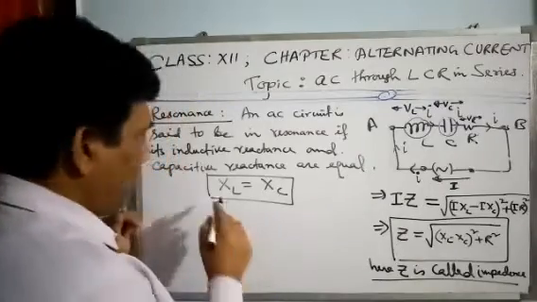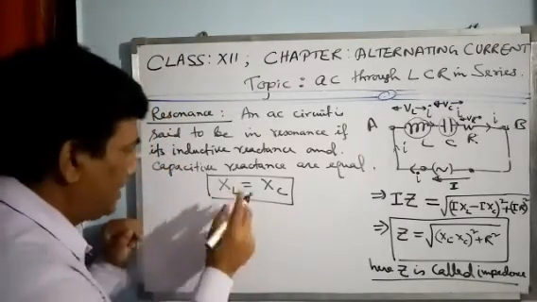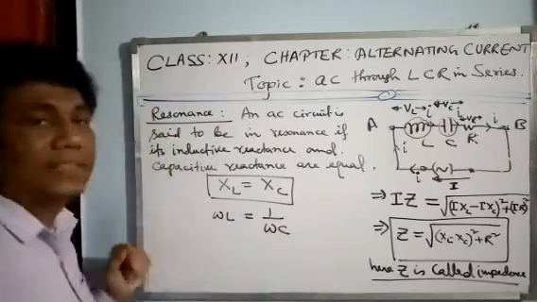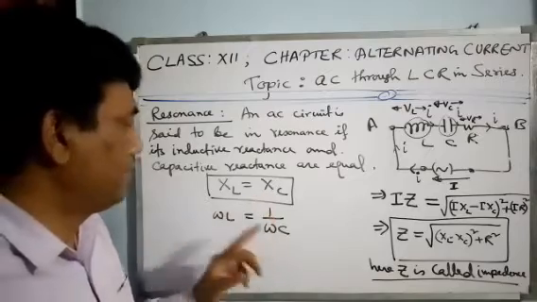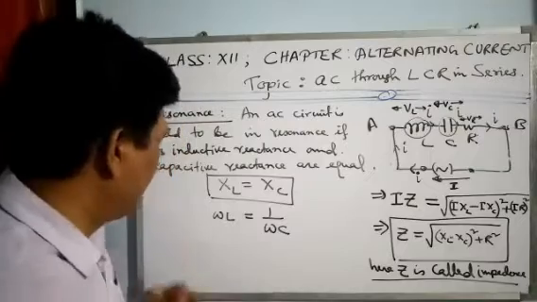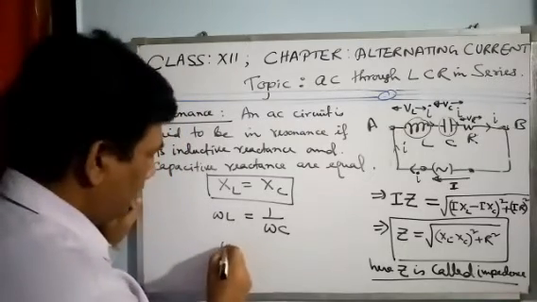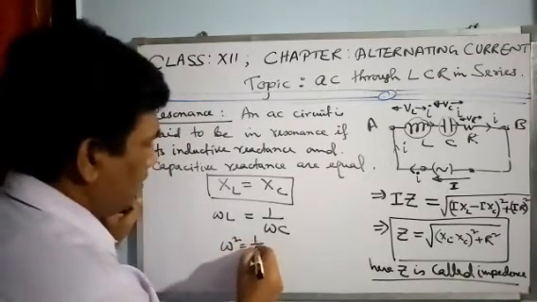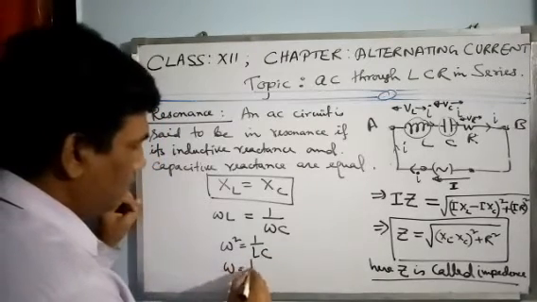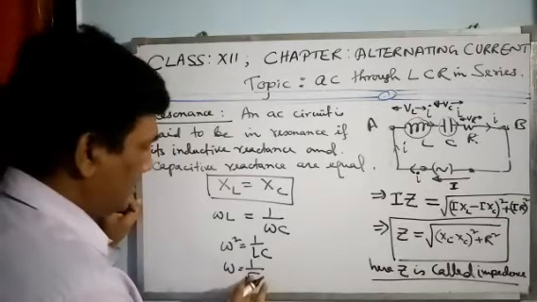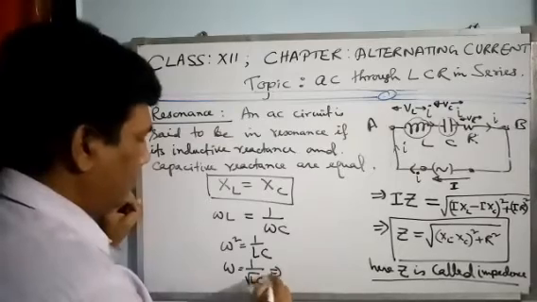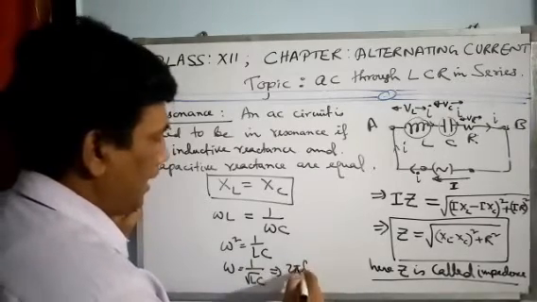So if resonance, then XL equals XC, and we understand that XL equals omega L and XC equals 1 upon omega C. We have already discussed capacitive reactance, 1 upon omega C. So from that you will get omega square equal to 1 upon LC. It means omega equals 1 upon under root LC. Omega can be put as 2 pi f.